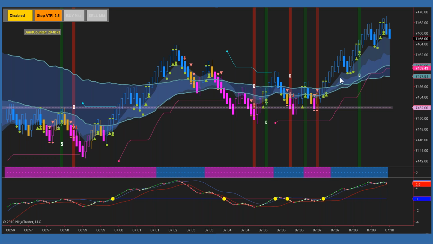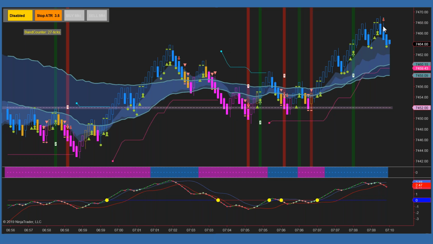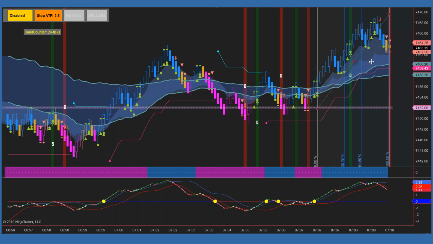So here we have the market. We've got a nice little trend here. We're looking for a retrace. That's going to look like about 1/3 to 2/3. So it looks like we're getting there. Let's move that over.